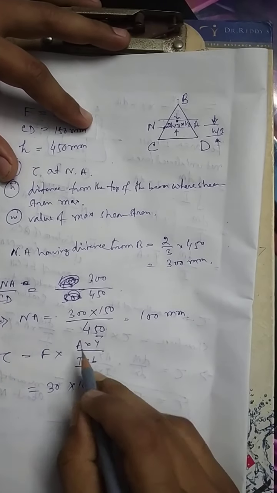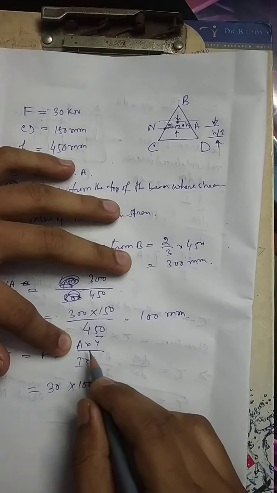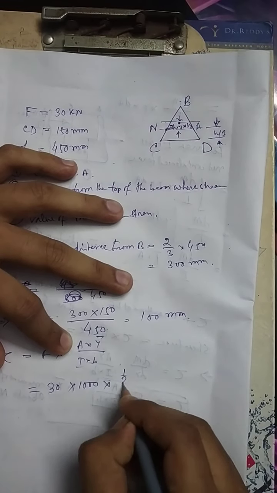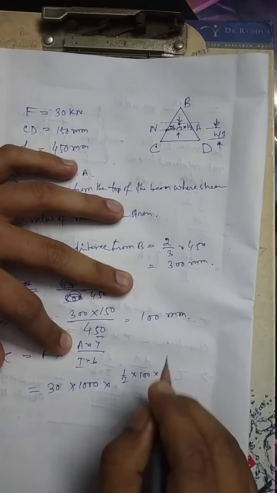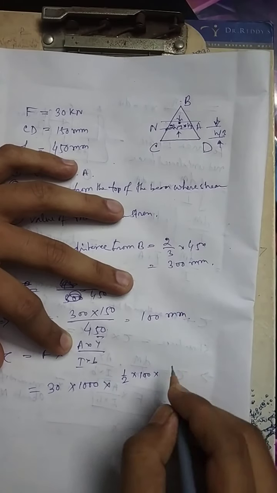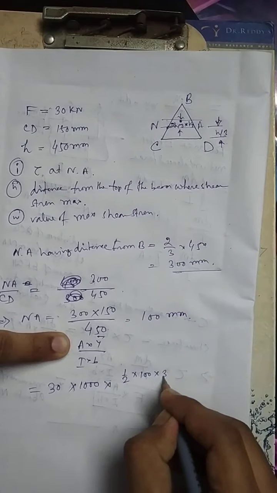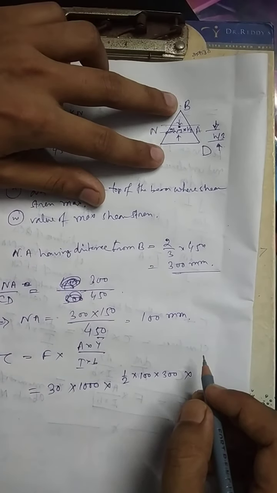30,000 Newton into area. Area is the area of the triangle BNA. So half into NA is 100, into its height is 300, into Y bar.